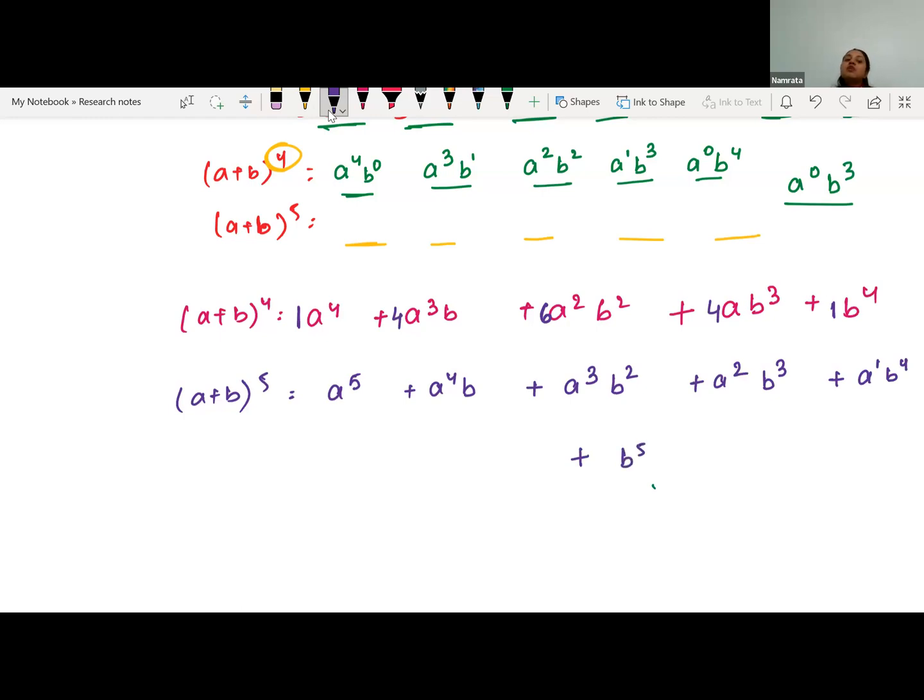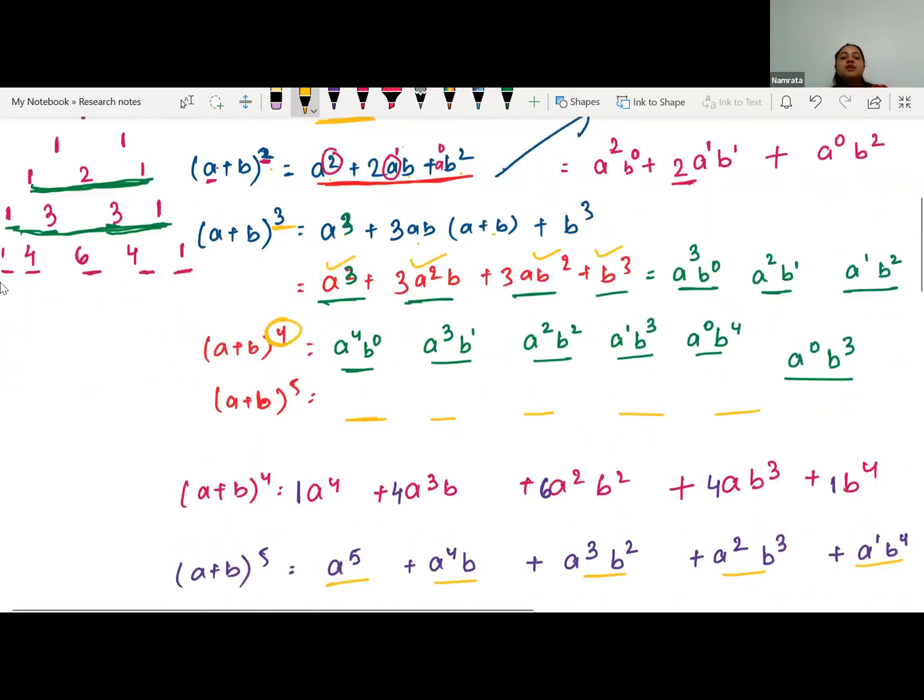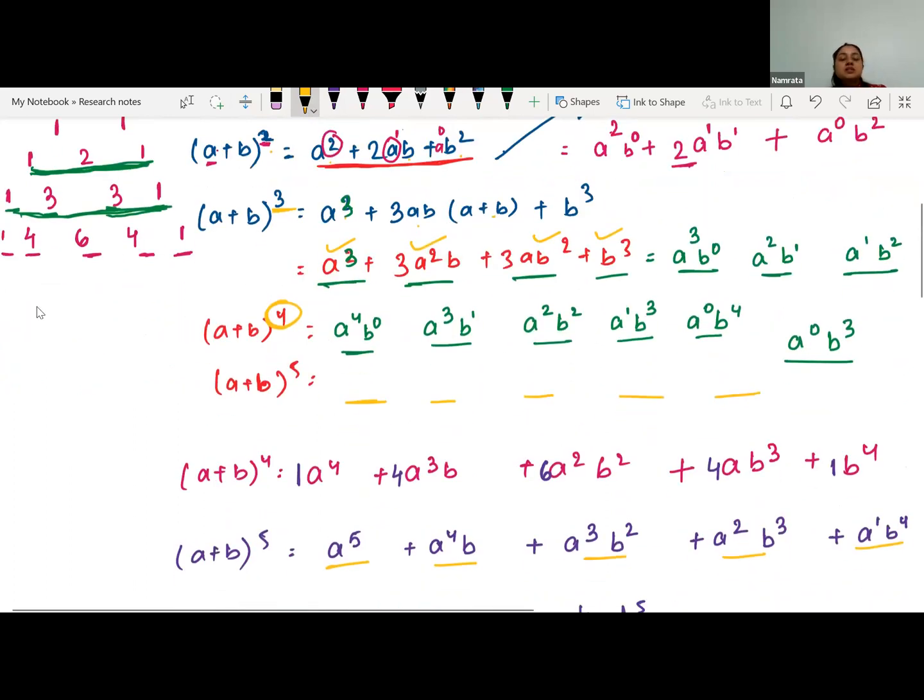One more thing we have observed here, when the power is 5, then the number of terms will be 6. So 1, 2, 3, 4, 5, 6 terms we are having. Now the last concern is what will be the coefficient of each and every one. So coefficient of each and every one we will be getting from the Pascal's triangle.